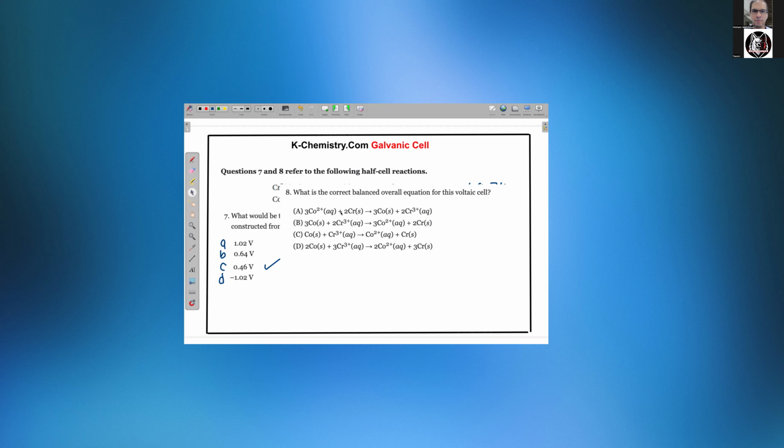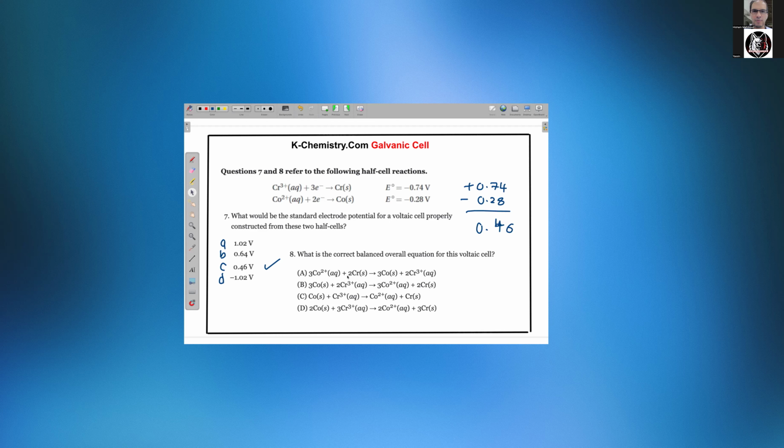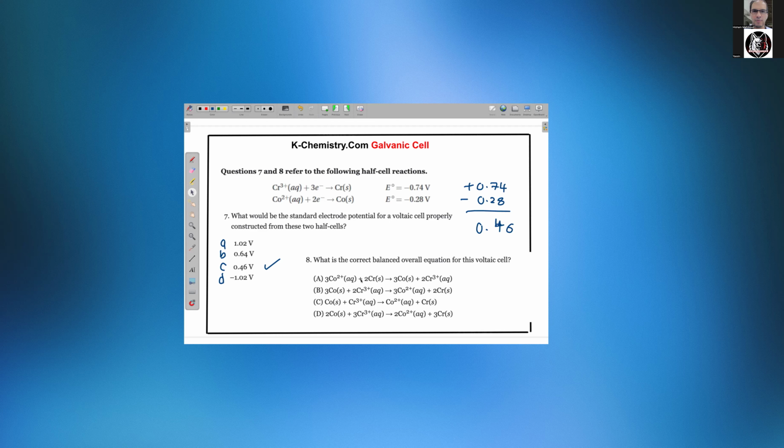Okay, number 8, because it is for the same question, what is the correct balanced overall equation for this voltaic cell? A. So the reaction is A. Excellent job. So the cobalt here is as it is.